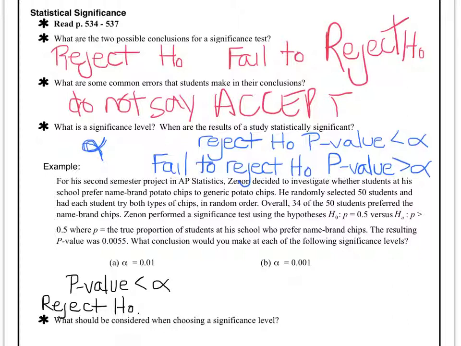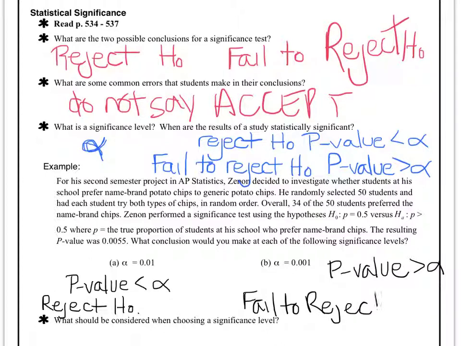Okay, over here, alpha is 0.001, which means the p-value is greater than alpha. That means I would fail to reject the null. And then I would say these words in context. There is not convincing evidence that students at Zenon's school prefer name brand potato chips.